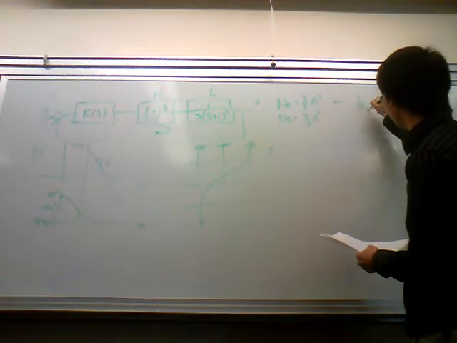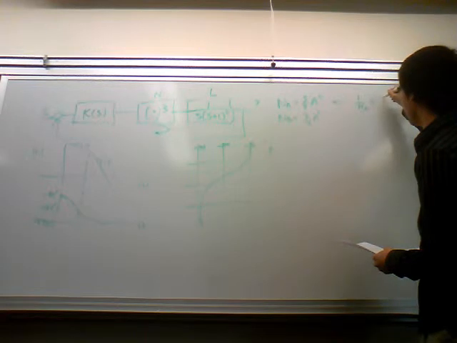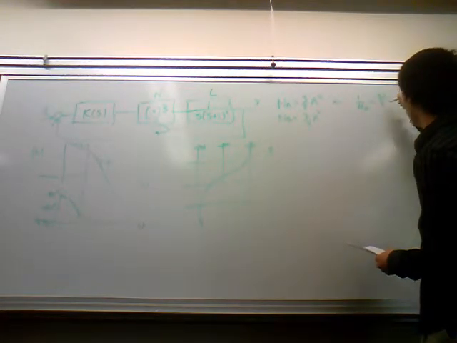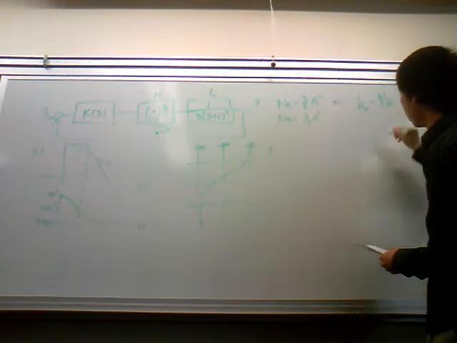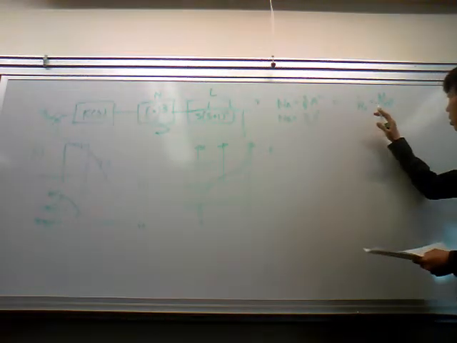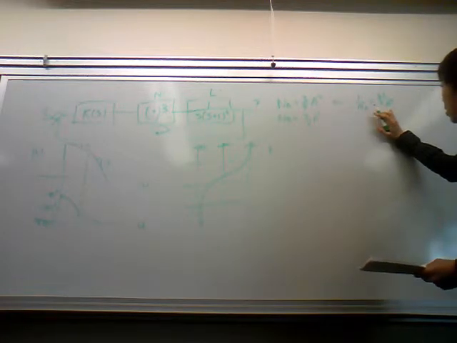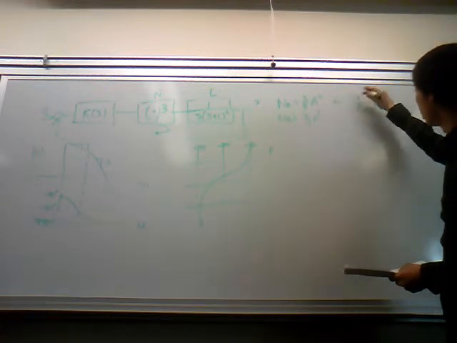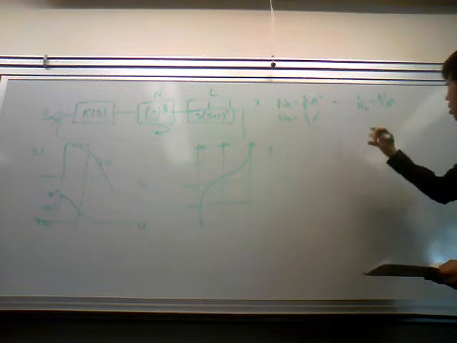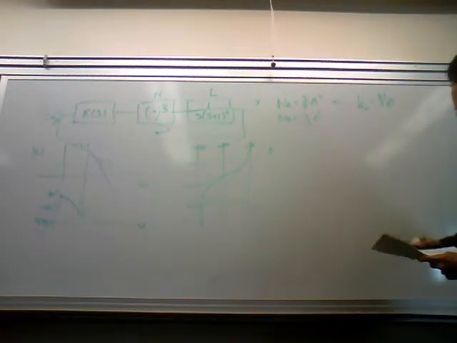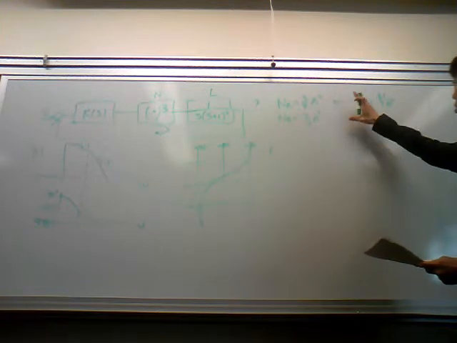So 1 over N_A is 1 over 4 over 3. As we increase A, 1 over N_A decreases, right? And when A is very small, this is very large.